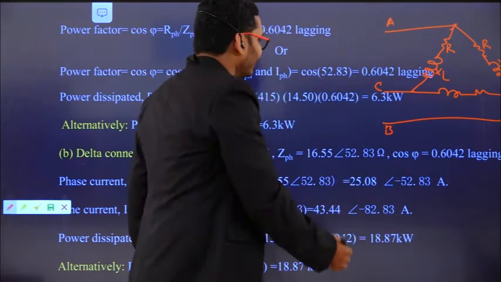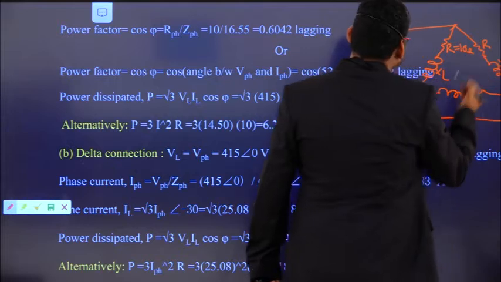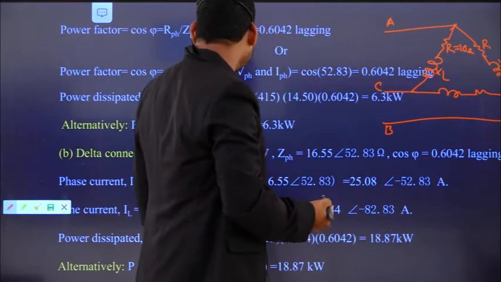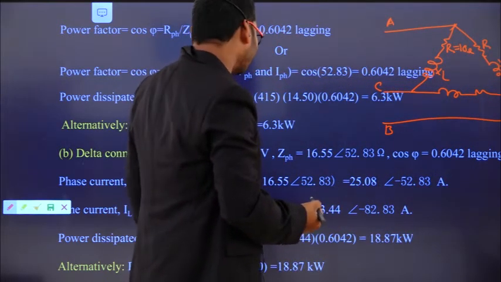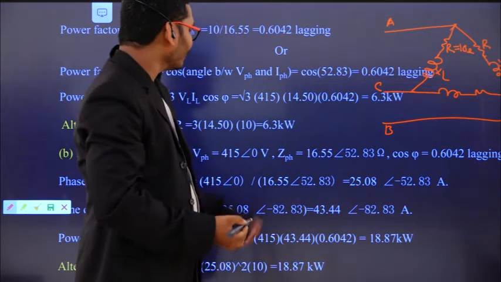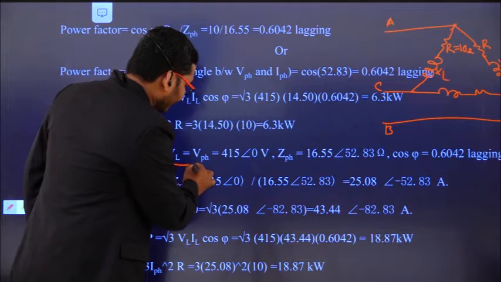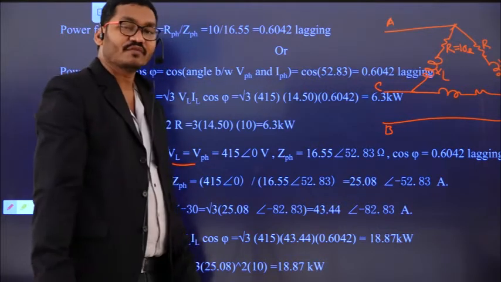Previously we already found the resistance in the given data, it is 10 ohms. Inductive reactance XL we also already found, 14.5 something. He has already given the VL value, VL equals 415 volts.